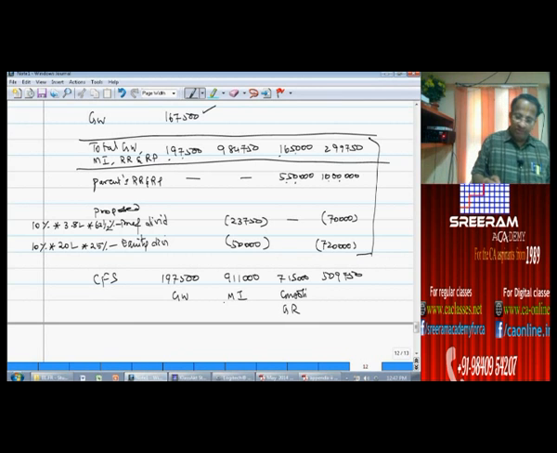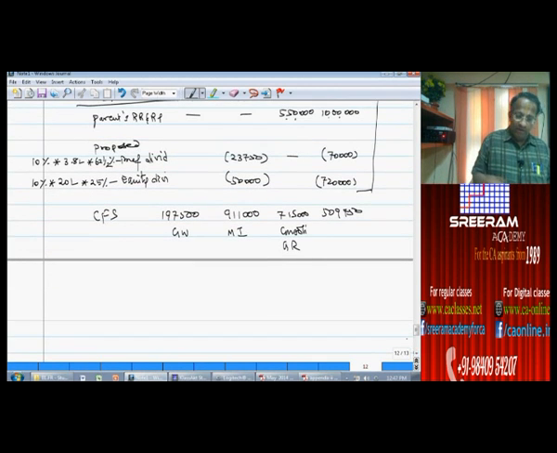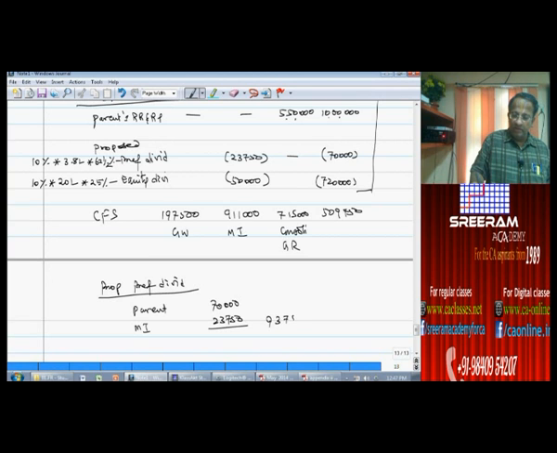And when you are doing so, your proposed preference dividend: parent 70,000, minority interest 23,750, it will be 93,750.